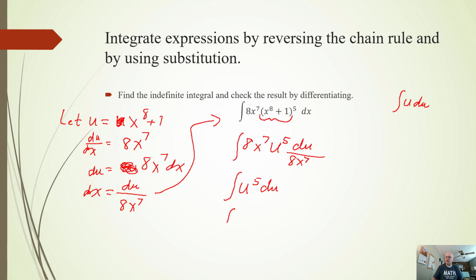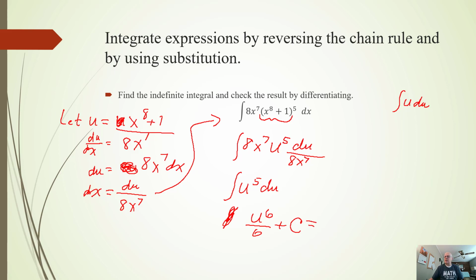So what we get here, we don't need this anymore. We can take this directly. So we get u to the 6th over 6 plus c. Remember, it's an indefinite integral, so we need that constant of integration. Now, once we've got this, we can put our u back in again.